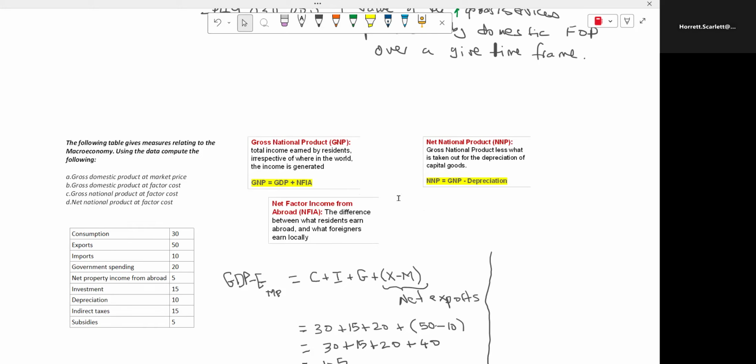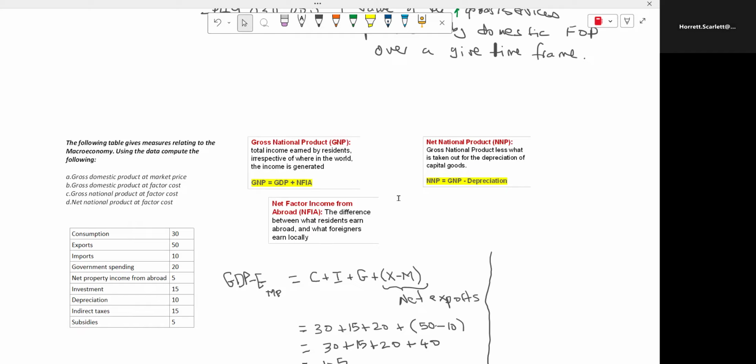So we have some Jamaican citizens who are abroad, and they are going to generate or earn some income. GDP would not account for that because GDP is looking at the total production that has occurred by leveraging the factors of production within the local environment.